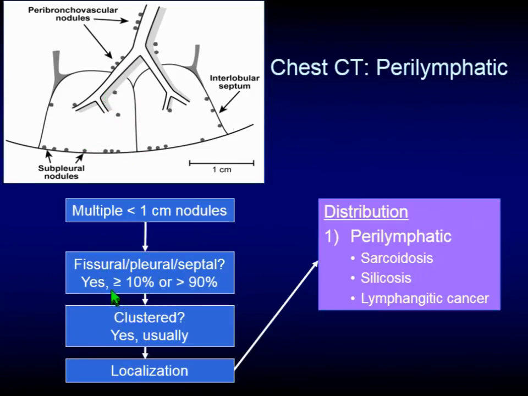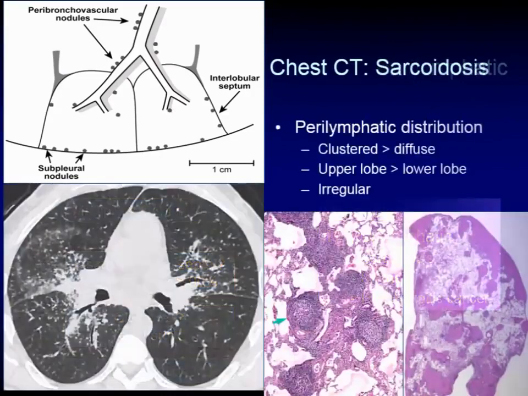Now, some would say that you need at least 10% of the nodules going on those surfaces to call it that these surfaces are involved. Others would say greater than 90. And again, you see that they're clustering to the lymphatics. And so really, this is characteristic of perilymphatic disease: sarcoidosis, silicosis, and to some degree lymphangitic cancer.